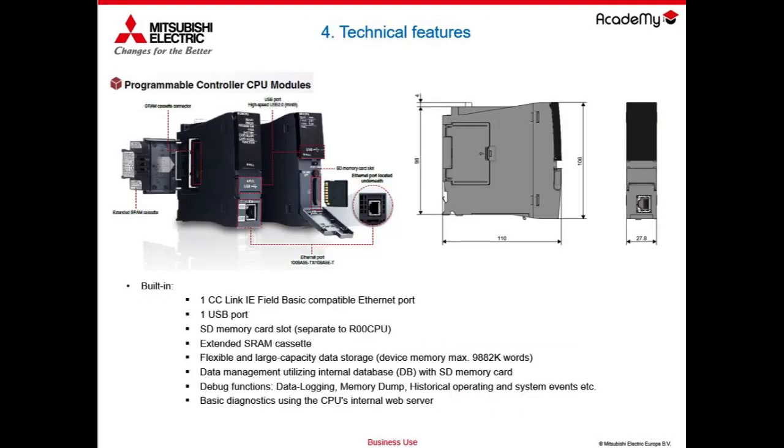What does it look like? Let's talk a bit about the technical characteristics. How does our PLC look? Our control CPU is a bit like a rack, and on the front side we find two ports.